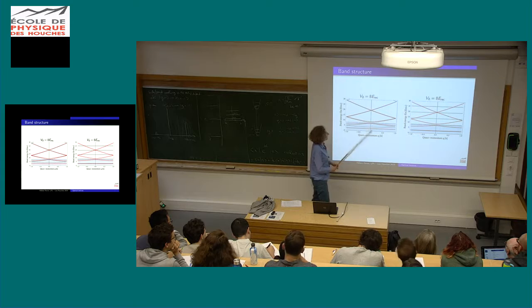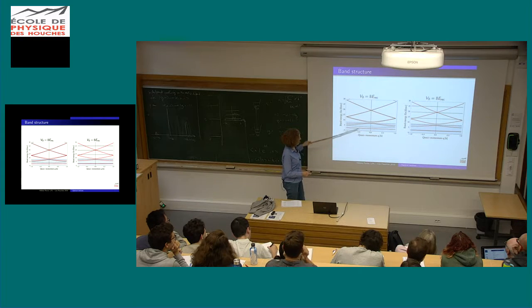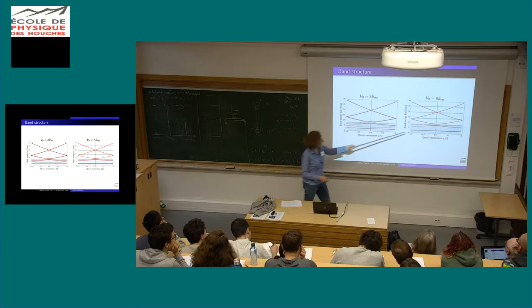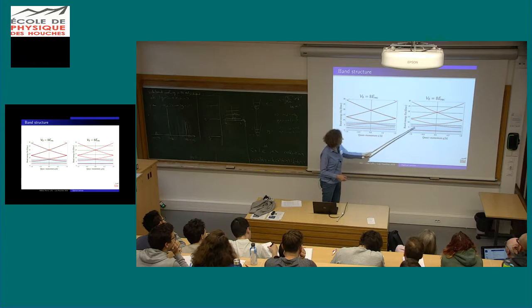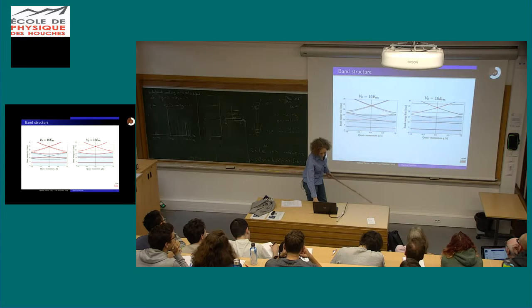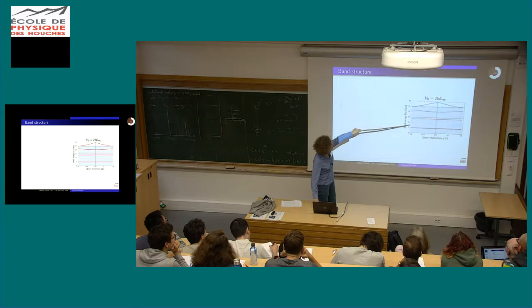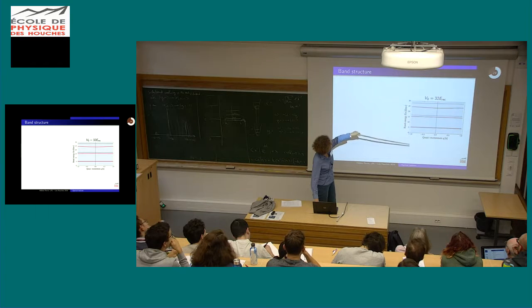Still hopping is a little bit there, but less. And the second band is deviating notably from the free particle, even if it's not yet flat. And if I increase further, now the second band becomes flat, and so on. And now, with very deep potentials, it resembles a harmonic oscillator at the bottom.